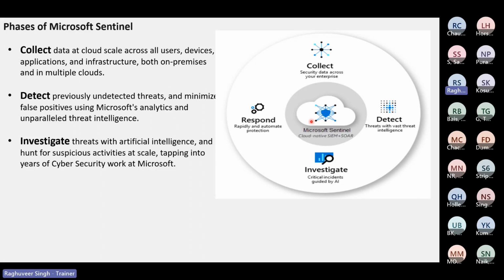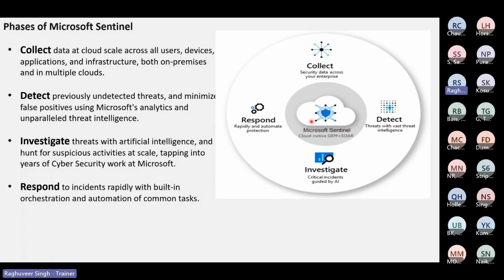So you have tools available, you have hunting queries available, you have capabilities available in Sentinel, using which you can investigate threats with artificial intelligence, and so you have some automated capability available. It has the capability to present threats in a view that you would like to see. You can see that in plain text information. You can also see it in the form of a graph. So that capability it has, and it all has come from the years of experience that Microsoft has with it, because Microsoft is not a new entrant into the space. Microsoft has been in cybersecurity for a long time.